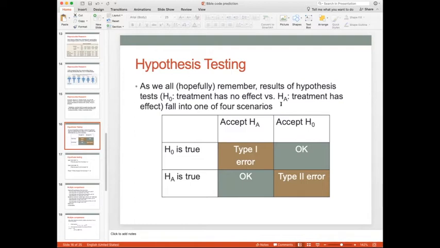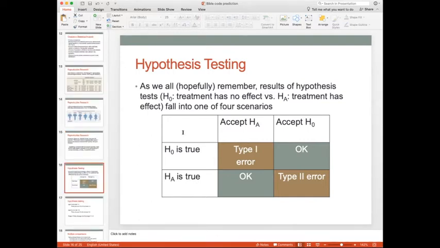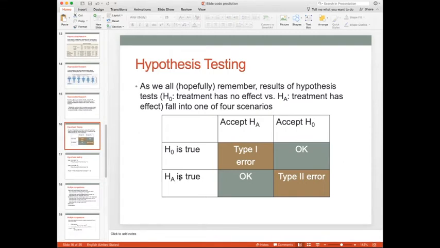For example, the null hypothesis says that the treatment has no effect, and the alternative hypothesis says that the treatment has some effect. These go into this four-scenario table. Either the null hypothesis is true or the alternative hypothesis is true, and that's the truth. In our action, either we accept the null hypothesis or we accept the alternative hypothesis.